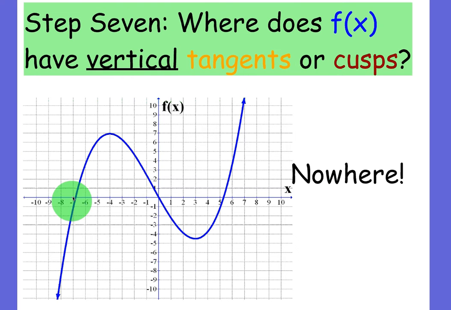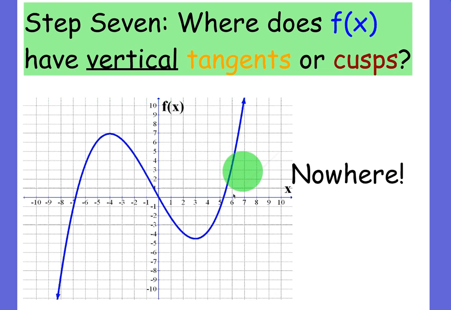Well, a vertical tangent basically means the slope of the tangent line has become infinite, more or less. So you're going to have an asymptote for the derivative where the tangent line approaches infinity or negative infinity from the left and right. So that means the derivative would approach infinity from the left and right.